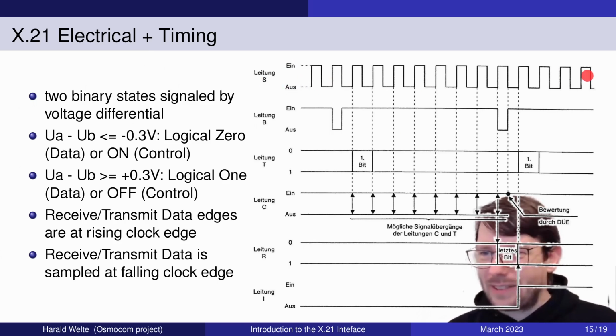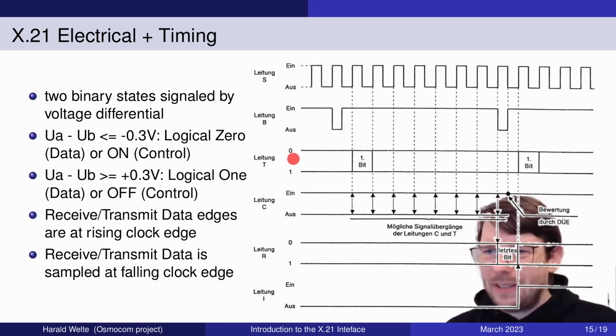So we have a bit clock, a nice 50% duty cycle square signal. Then we have here the optional byte timing signal, which goes low for half a bit duration in the last bit, the 8th bit of every octet, if it is implemented.